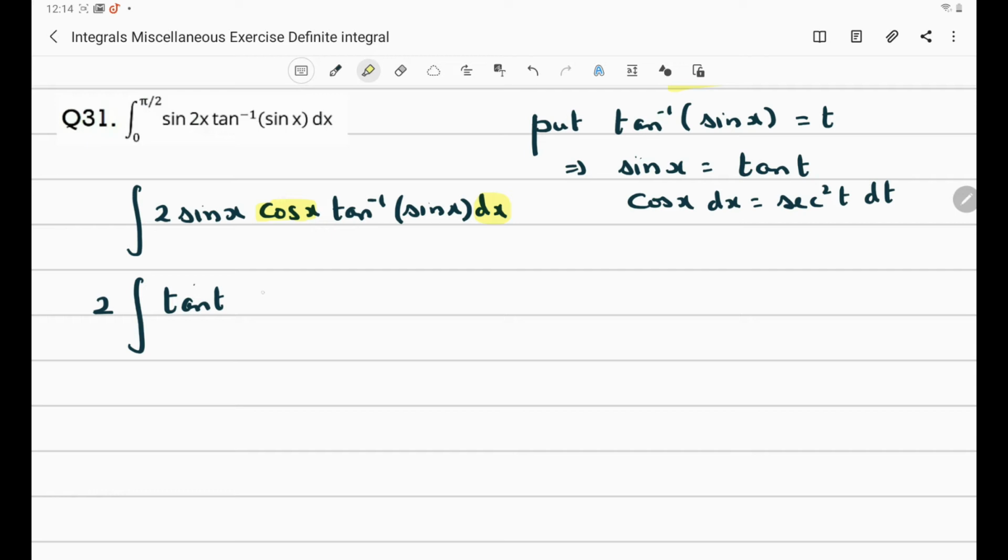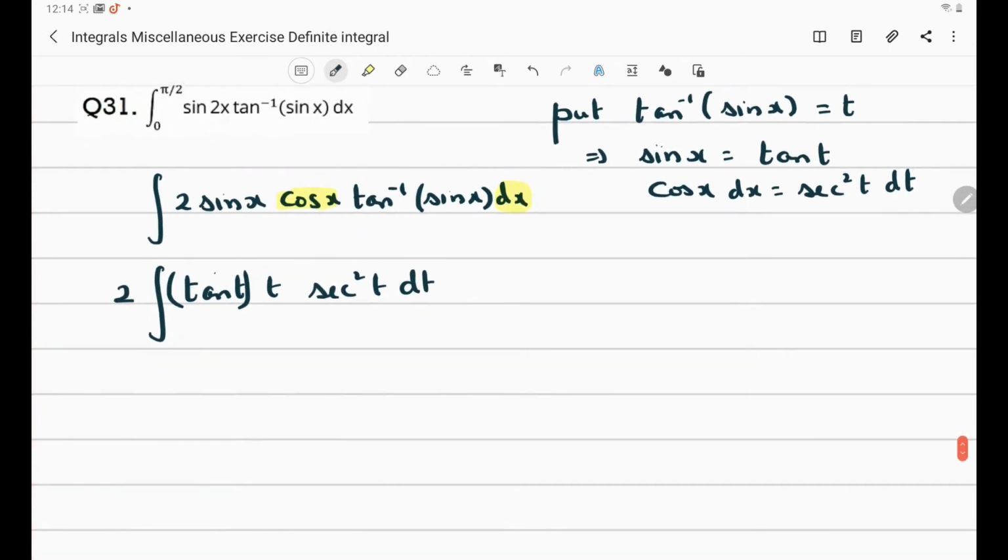So it's tan t into t, into secant square t dt, and we have to put the limits now.